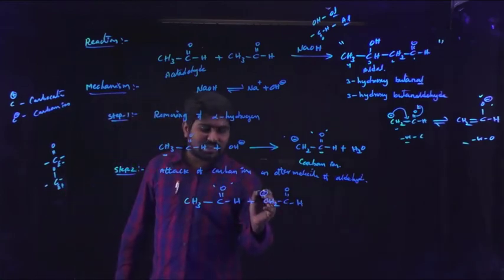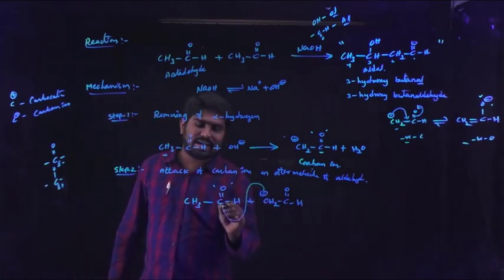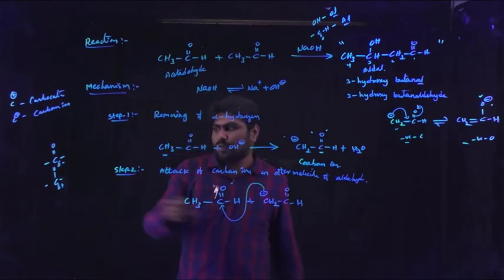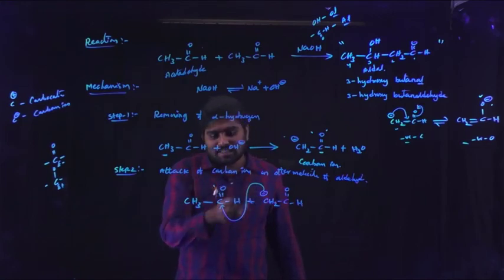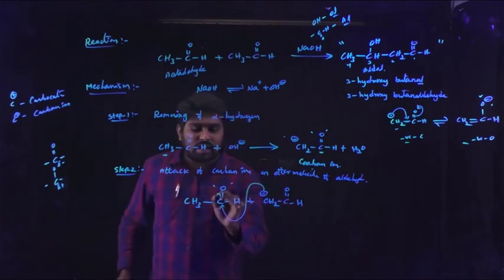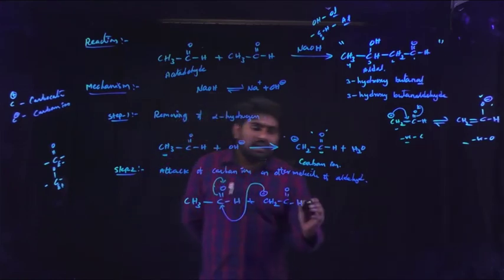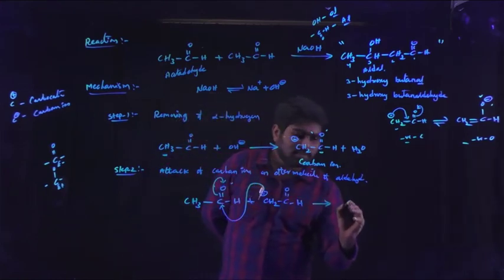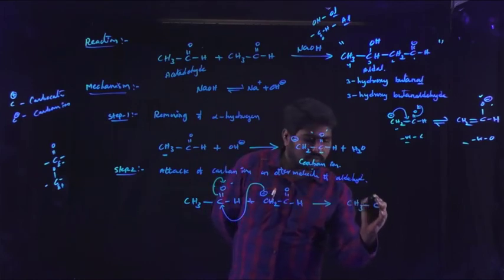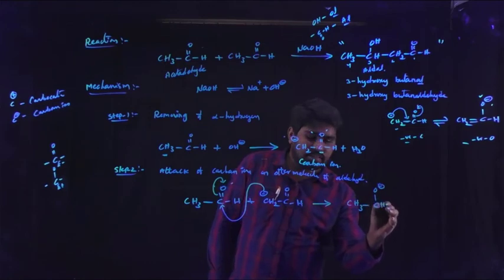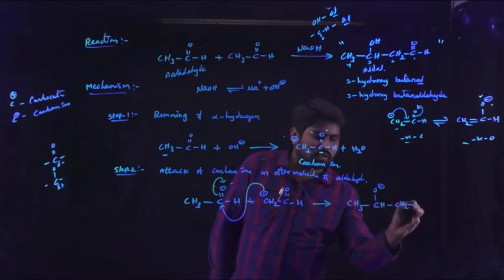This carbon is more electropositive, so the negative charge attacks this carbon atom, and the electrons migrate towards the oxygen atom and produce O minus CH CH2 C double bond O H.